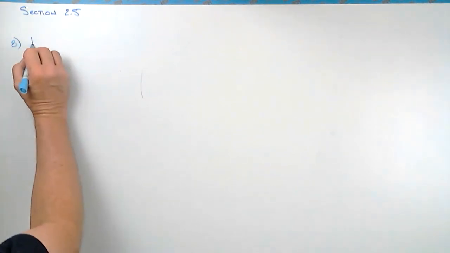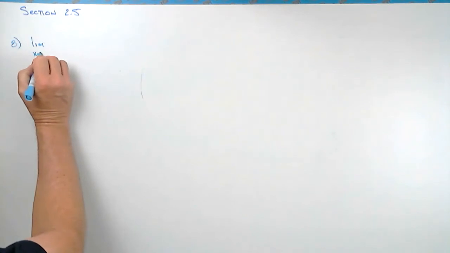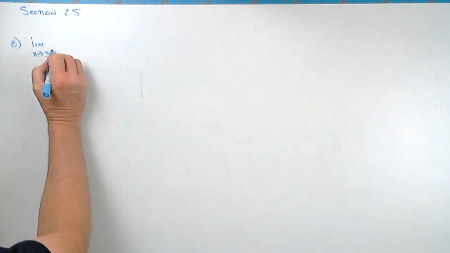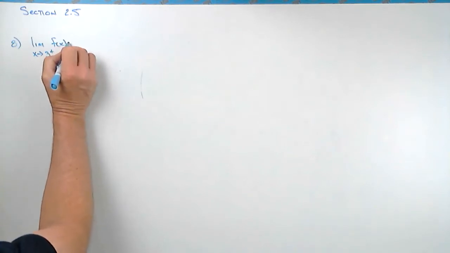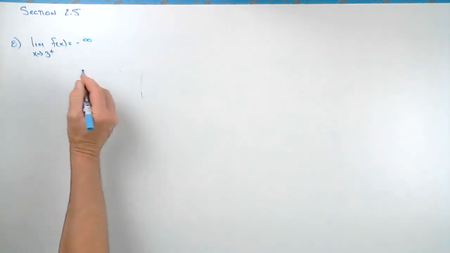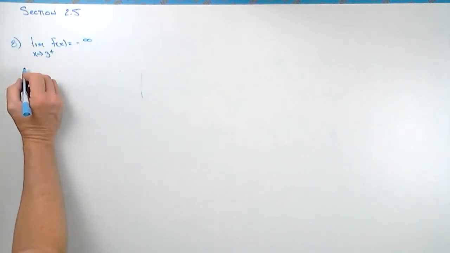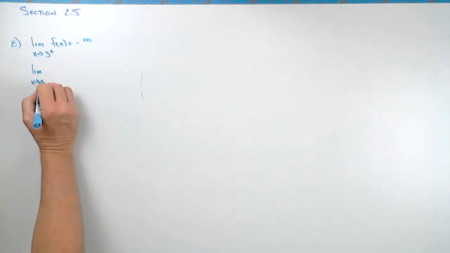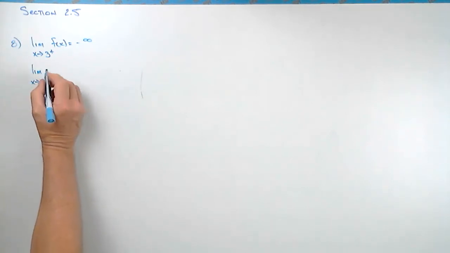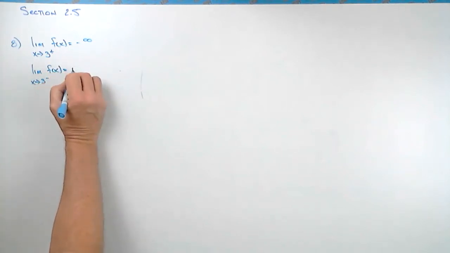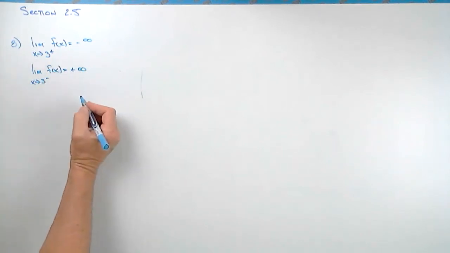It says the first condition is the limit as x approaches 3 from the right of our function has to equal -infinity. Okay, so that's our first condition. Then it says the limit as x approaches 3 from the left of our function has to equal +infinity.